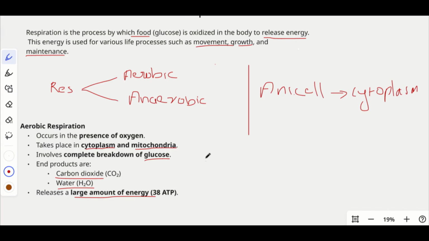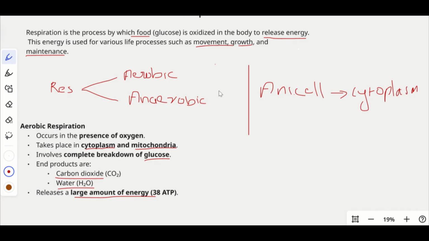In a cell there will be cytoplasm, mitochondria, etc. So if there is enough oxygen, it will occur in the mitochondria, and if there is no oxygen, it will occur in the cytoplasm. We will see that in detail.